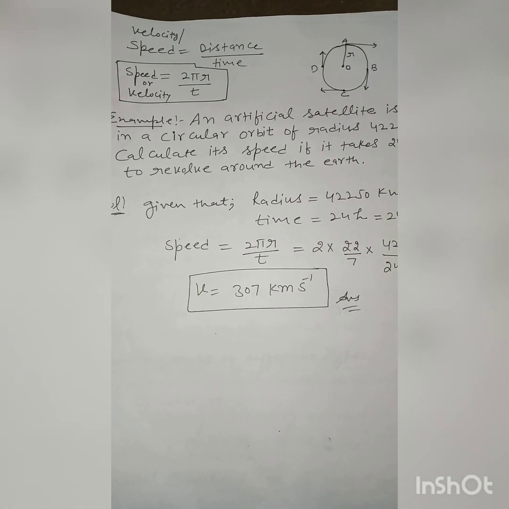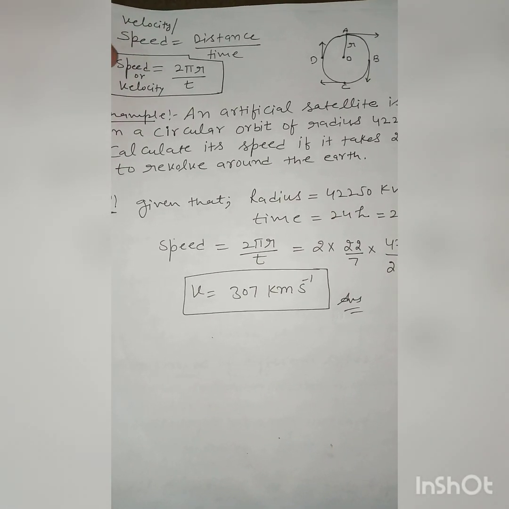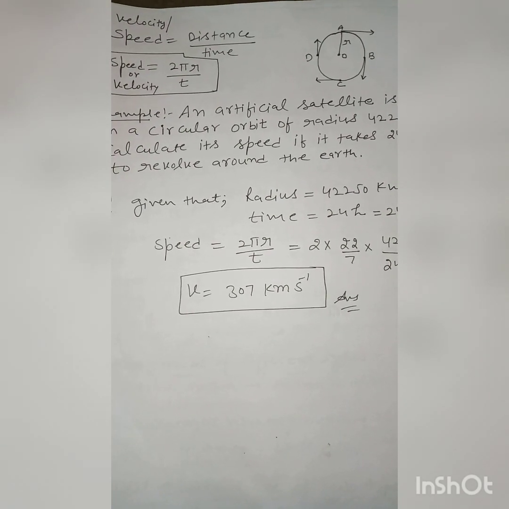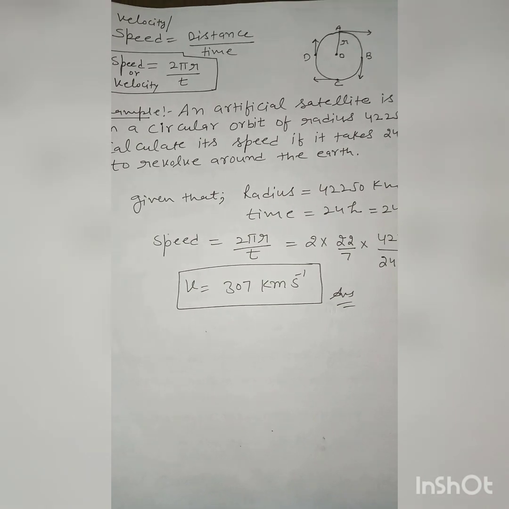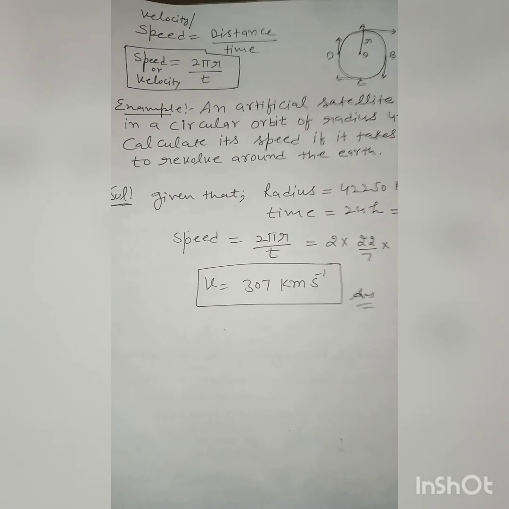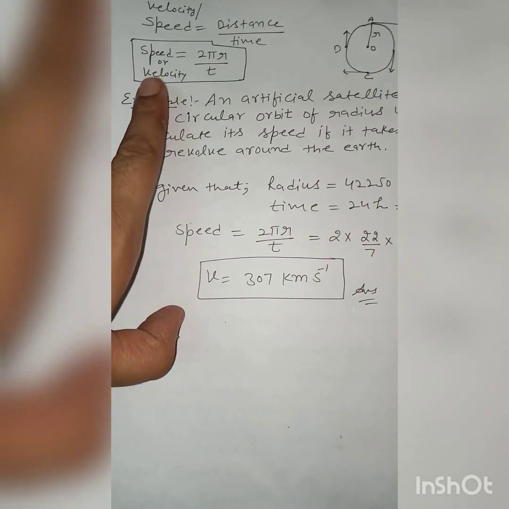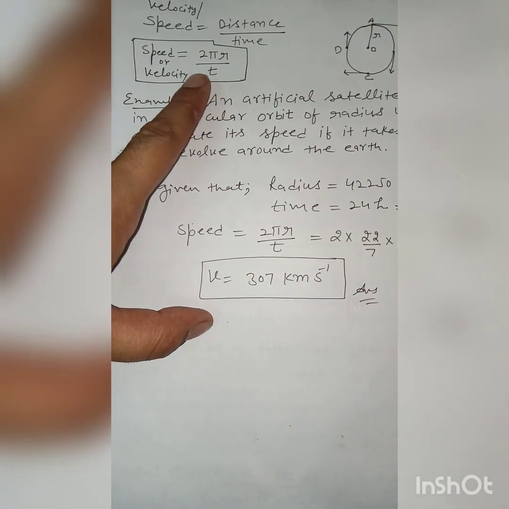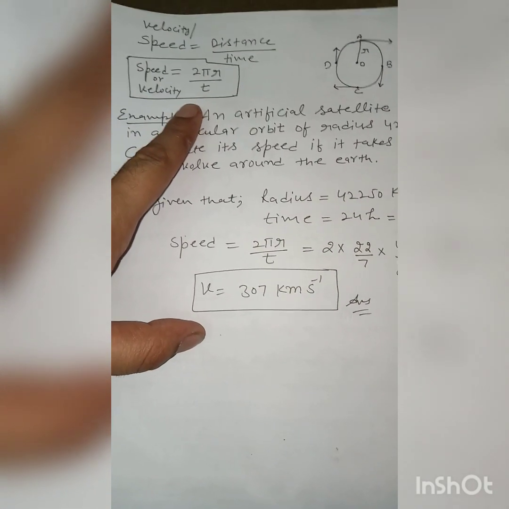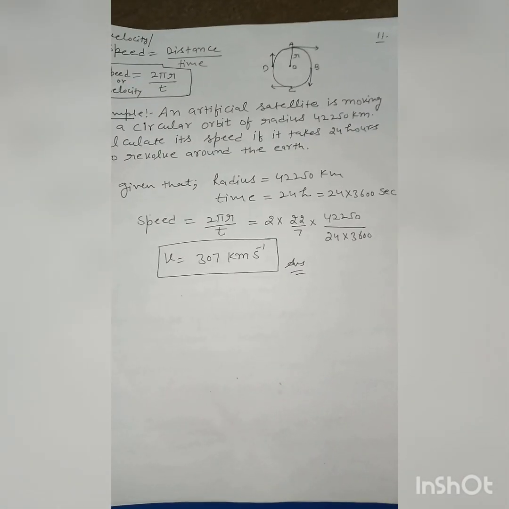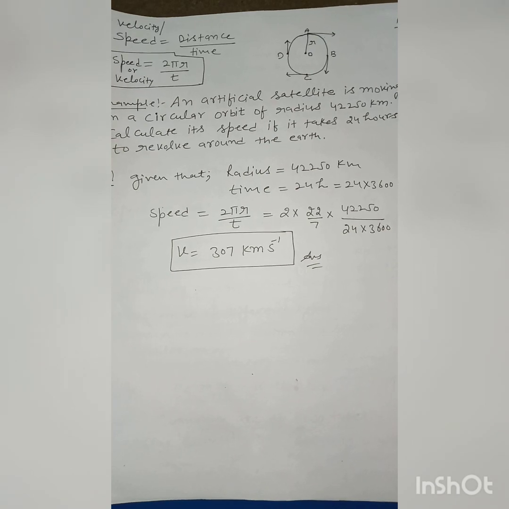The speed in a circular path is given by distance upon time. Distance for a circular motion is in terms of circumference of the circle, that is 2 pi r upon t. Speed equal to distance upon time, distance 2 pi r upon t. Now on the basis of uniform circular motion, we can calculate speed if object is moving in a circular path.